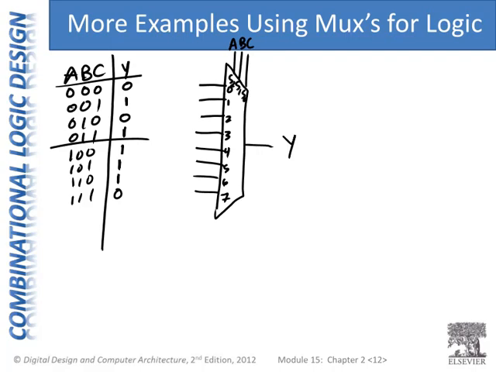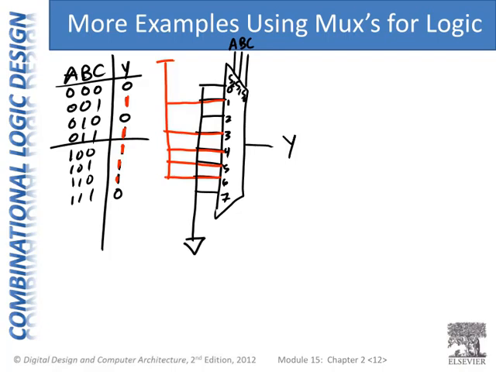And we can tie our inputs high. So here we have, this one should be high. Input 3 should be tied high. And 4, 5, and 6 should also be tied high. And then the remaining inputs should be tied low.